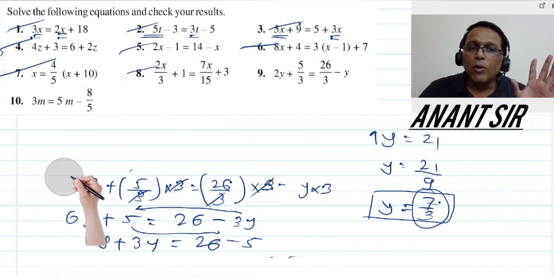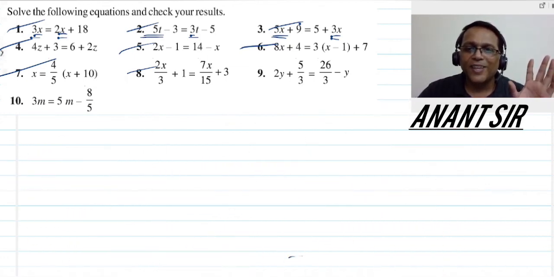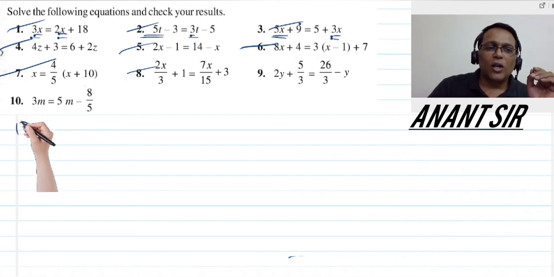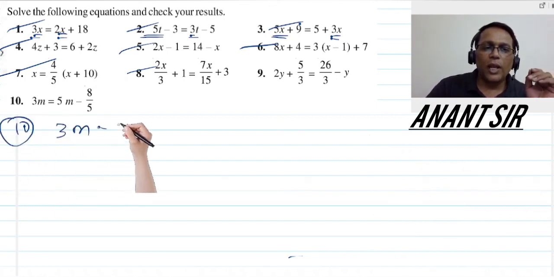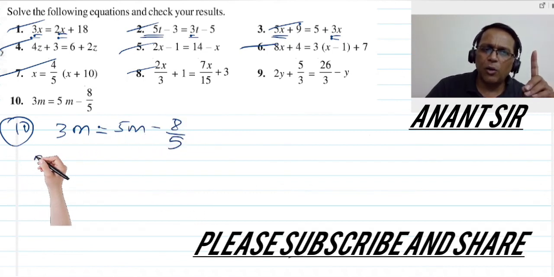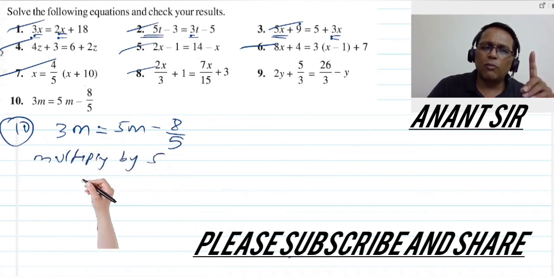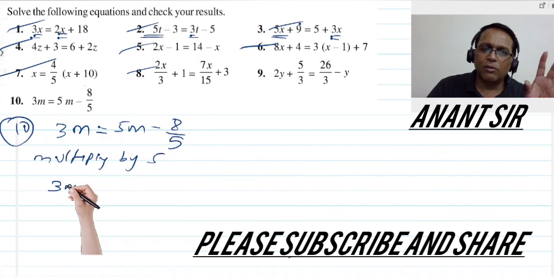Now we move on to the last question of our exercise 2.3. So question number 10 now. 3m is equal to 5m minus 8 by 5. Again, only one number is there in the denominator, but it makes me nervous. So I am going to multiply by 5 and just remove that also.